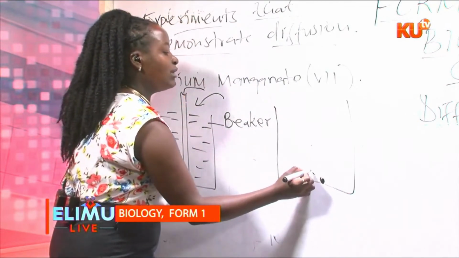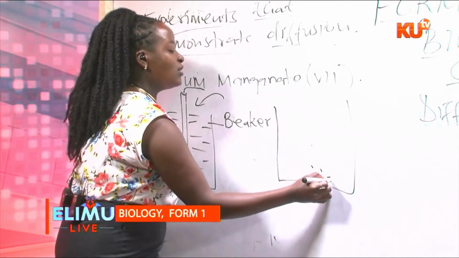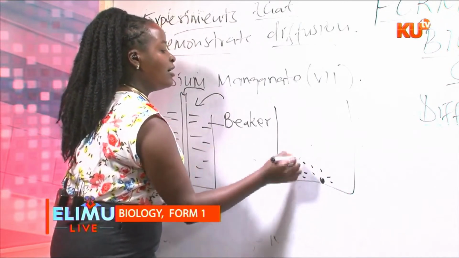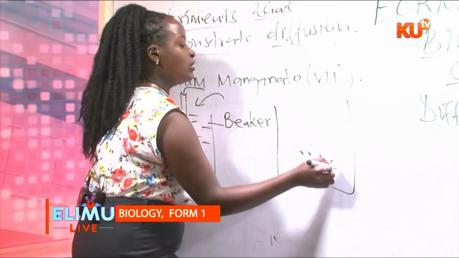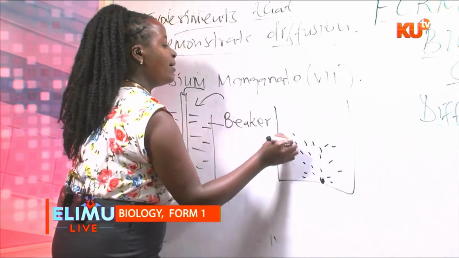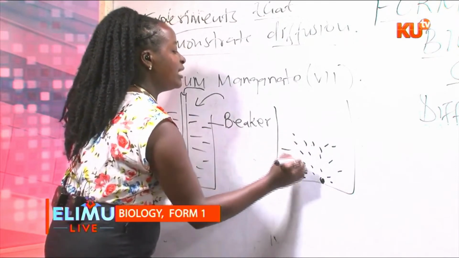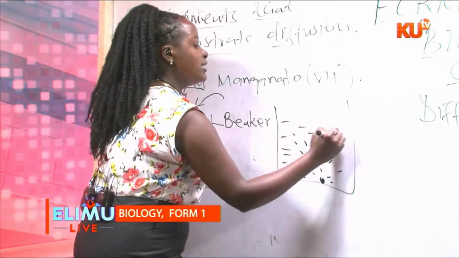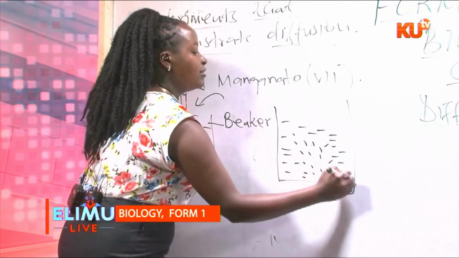And so what will happen, the particles of this crystal will break away. They will break away and they will start spreading inside the water. So this is the crystal on the lower side.